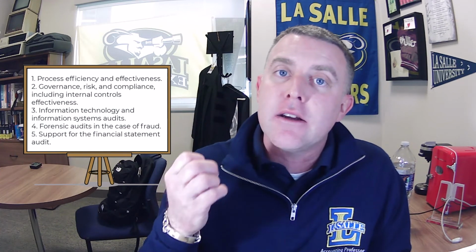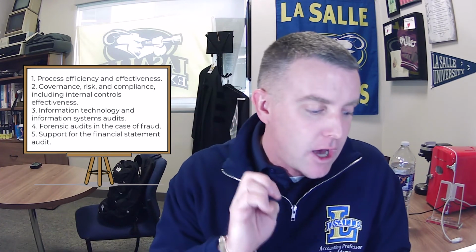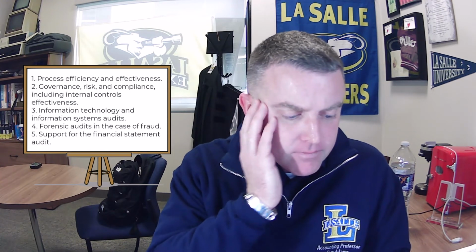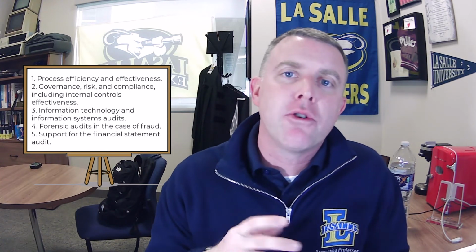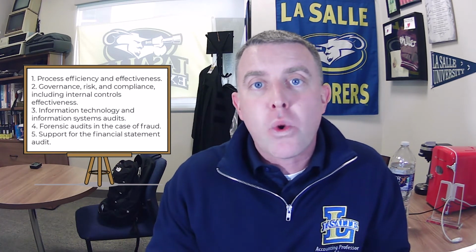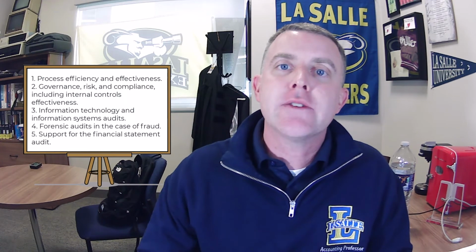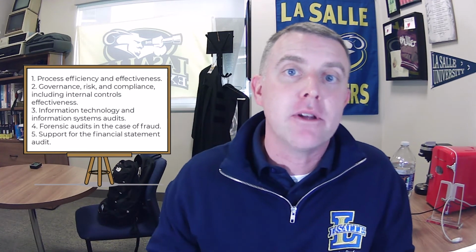They're also interested in IT and IT audits. They want to make sure the information technology system is operating effectively. They're also interested in performing what's called forensic audits if there are cases of fraud. So white-collar crime: if something happens within the firm, somebody steals money or assets from the company, internal auditors will go and investigate how it happened and why the controls in place didn't prevent it.